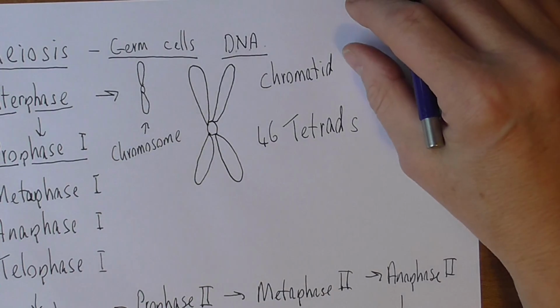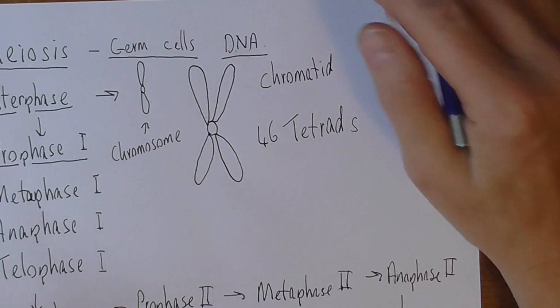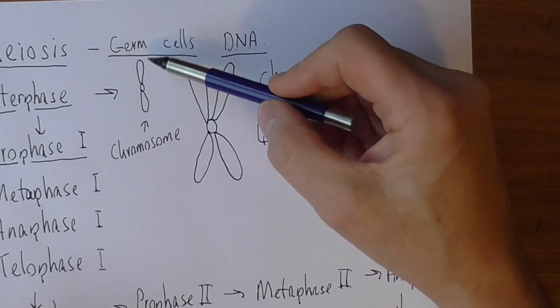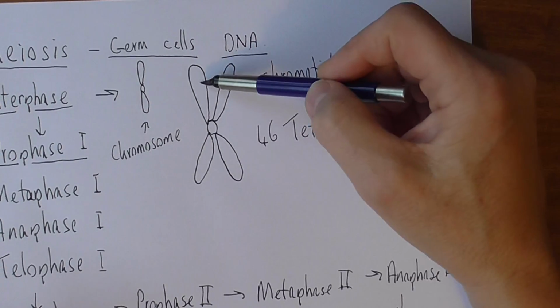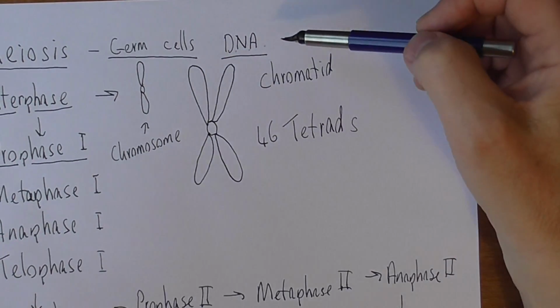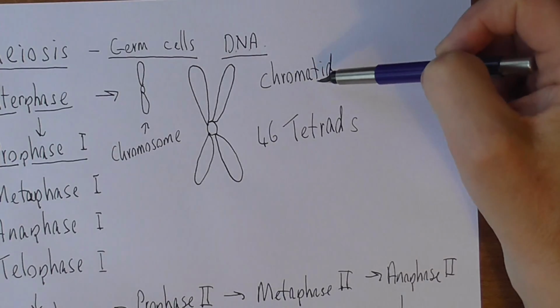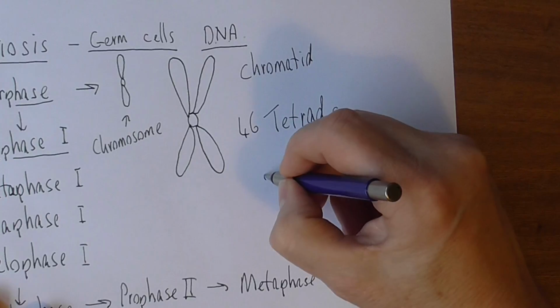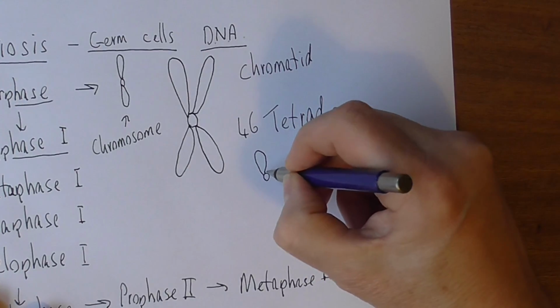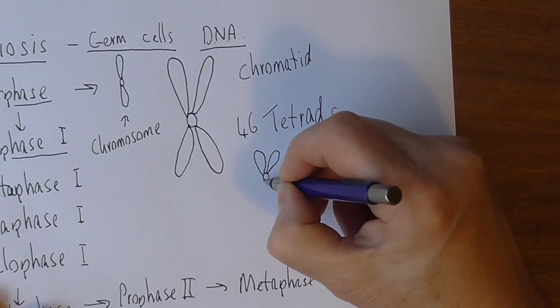So that's the first stage, that's the interphase, where we have duplicated the chromosomes and duplicated these arms to make chromatids. So now we have 46 of these tetrads. They're all going to be different sizes because the chromosomes are different sizes.